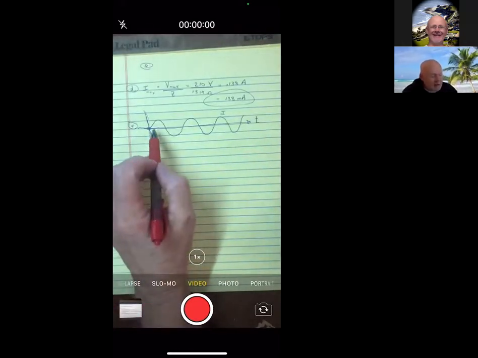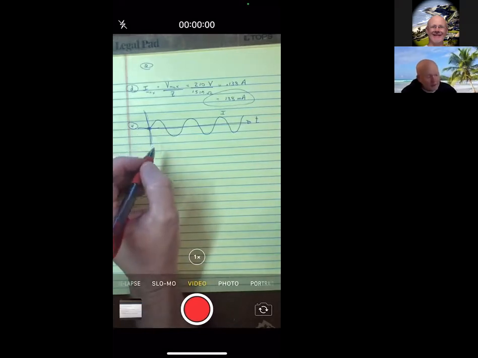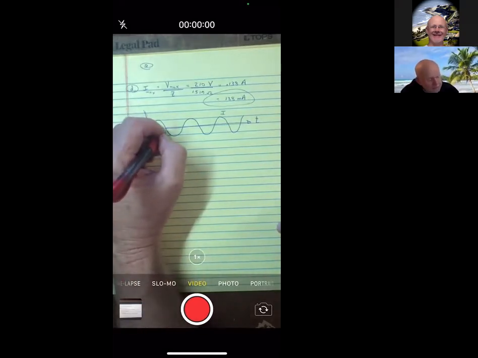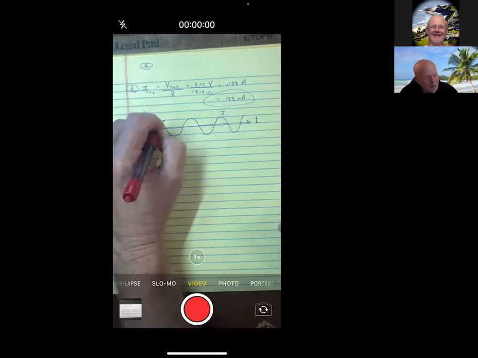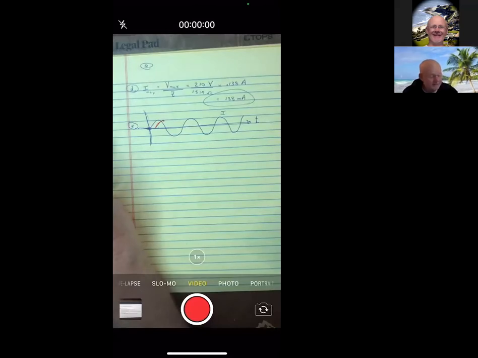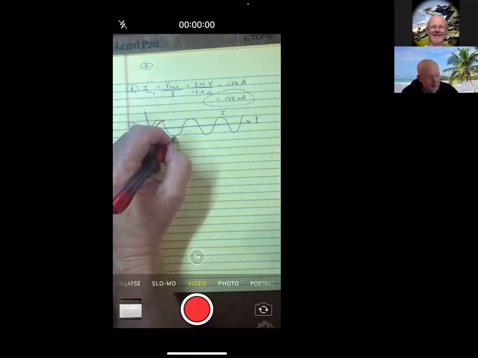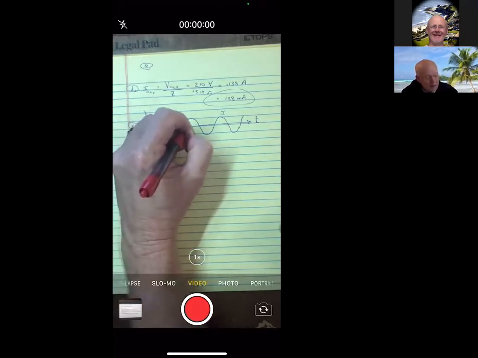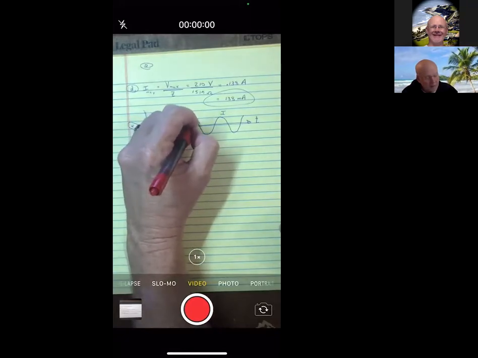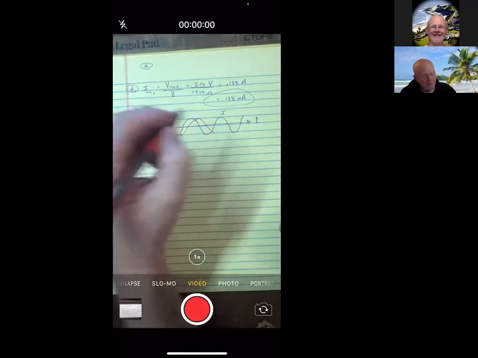So again, if I was plotting current, then my voltage would have to peak a little bit later. And then same thing when I get negative current, my negative voltage and my zero point would have to be a little later.